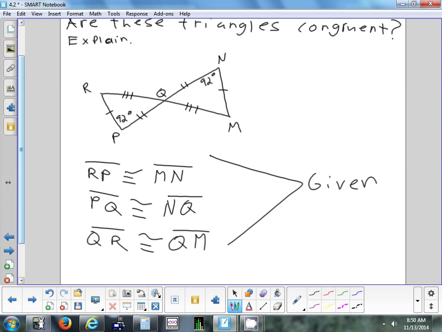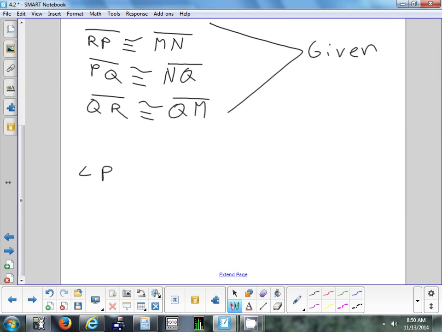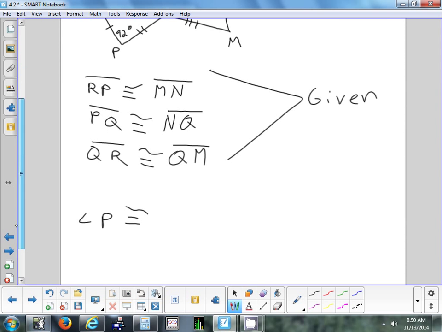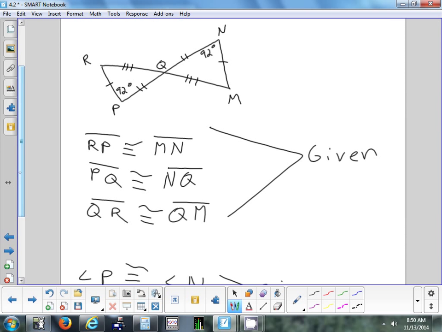Let's see if our angles match up. Let's start with angle P. I already know that angle P matches up with angle N. How do I know that? That's given. But now nothing else is given. We've written down everything that was given.